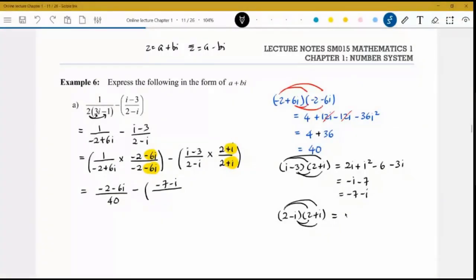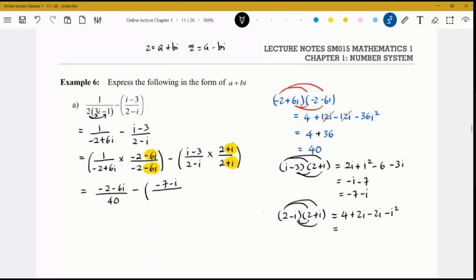Oh, dia minta jawapan full kah? 4 tambah 2i tolak 2i minus i square, tolak i kuasa 2. Okay. So tengah-tengah hilang. So end up 4 minus i square adalah negative 1. So will be 5 here. So di sini adalah 5.